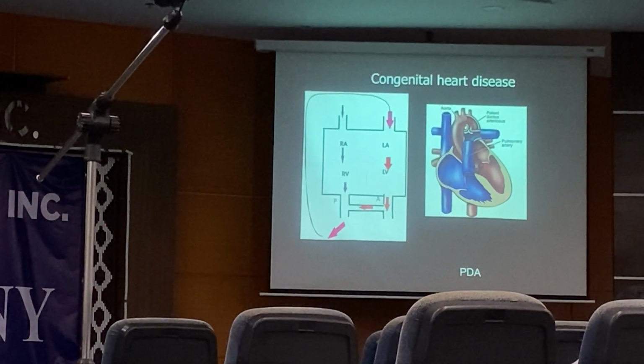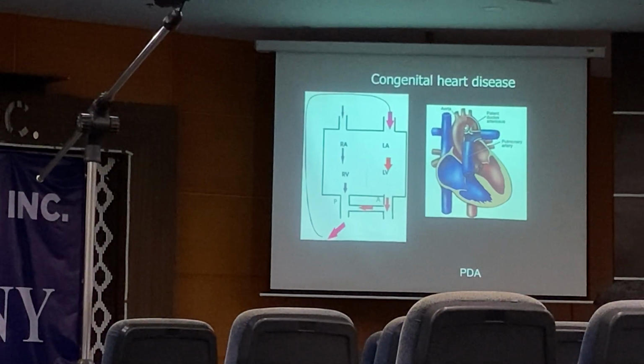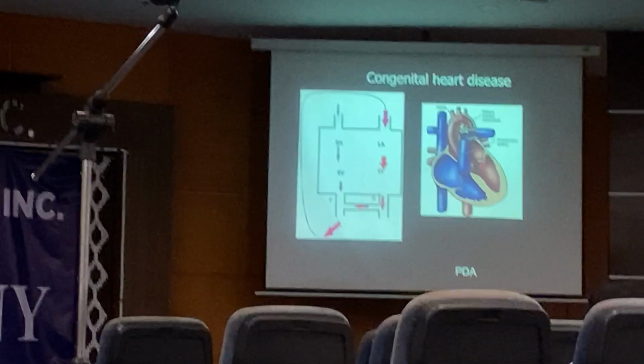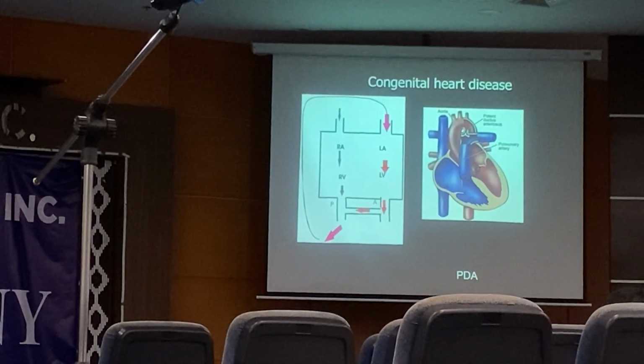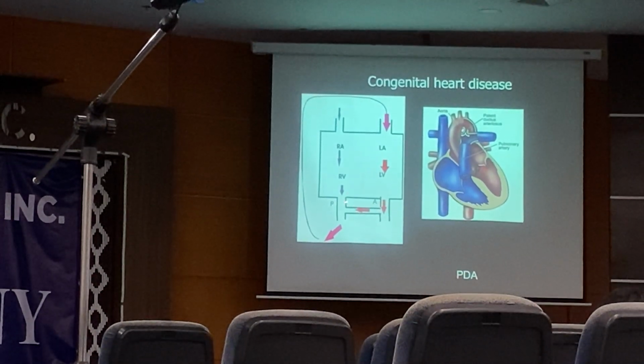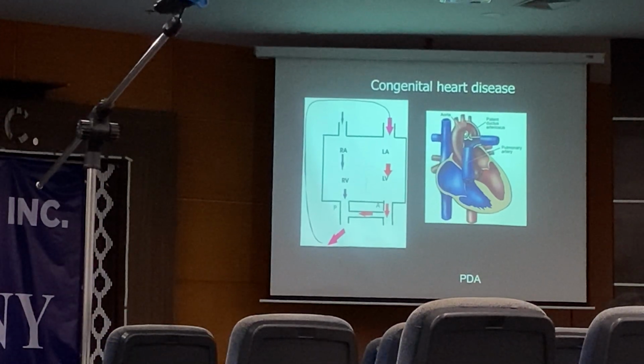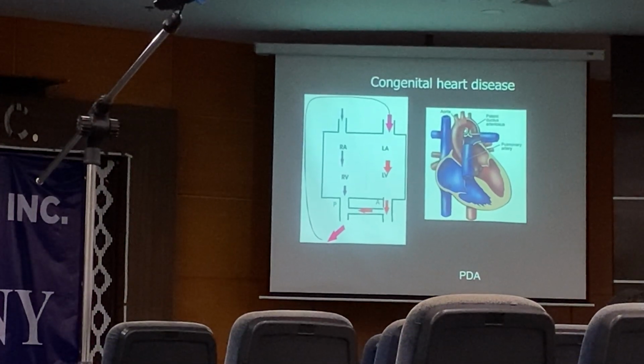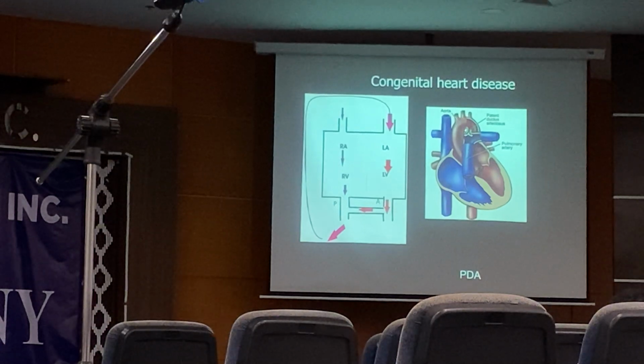In PDA, you have persistent ductus arteriosus. Clinically, what do you see in PDA? When you do auscultation, what's a typical sound that you hear? Okay, machine-like murmur, right? So what happened? Again, your blood flow would be shifted to your pulmonary artery. So the most common thing that you're going to see in PDA, you have a dilated pulmonary artery.